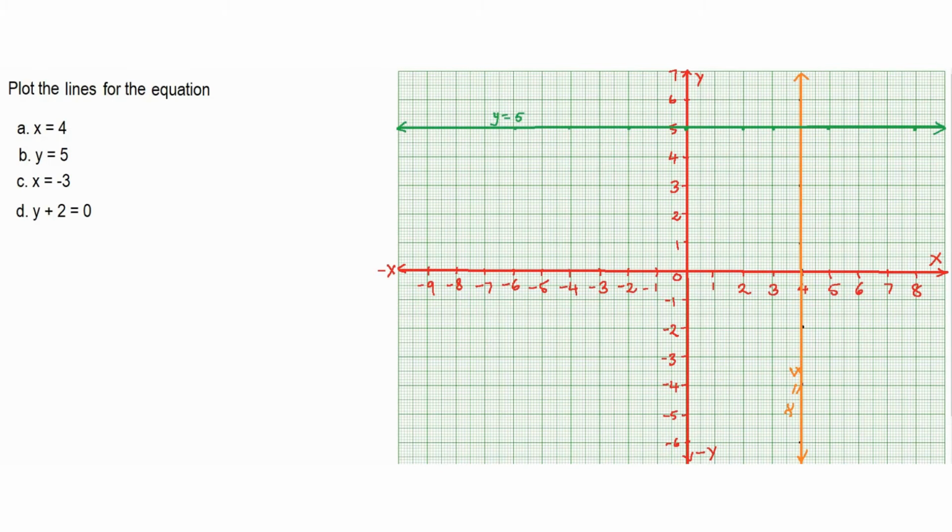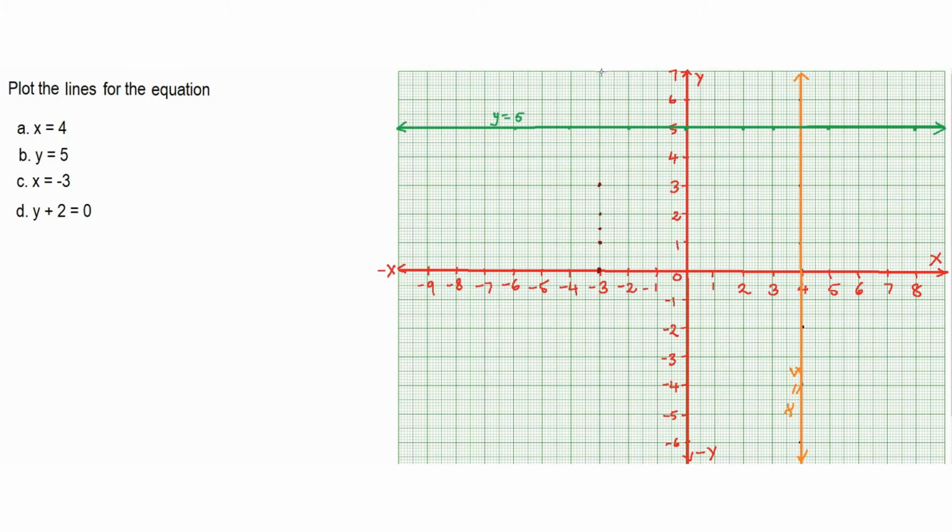Then x equals negative 3. So let us plot all points whose x coordinate is negative 3. The first point that comes to my mind is (-3, 0). Then I have (-3, 1), (-3, 3), (-3, 1.5), (-3, 2), and there are so many points.